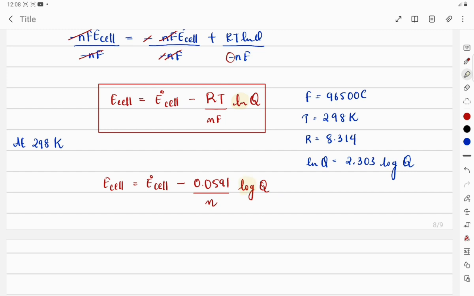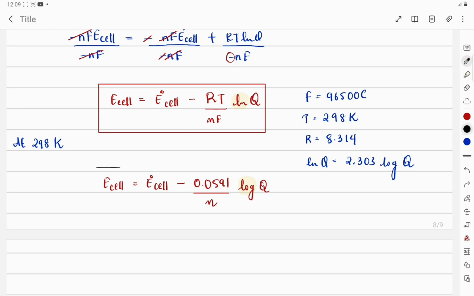Because only then will I get a sufficiently big value to write here. Dividing by F, I'm going to have a very small decimal value. If I multiply with 2.303, which is quite big, I'll get a sufficiently big value, even though it is still small: 0.0591. That is the purpose of using 2.303 there. So notice that change from ln to log.